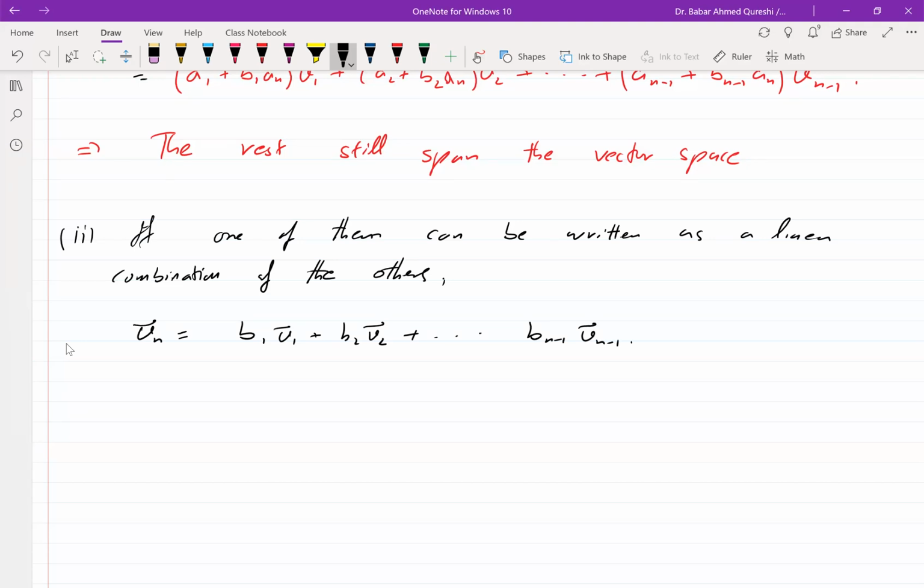It's still completely general. Whatever can be written, I'm just numbering it n. This is just an index. So all I have to do is take it to the other side. Or if you're going by the postulates, you're adding minus Vn on both sides.